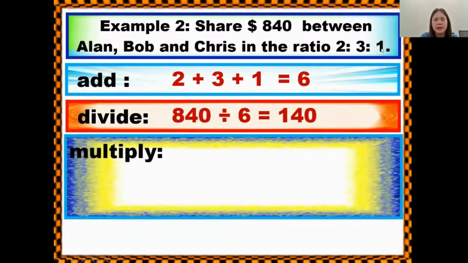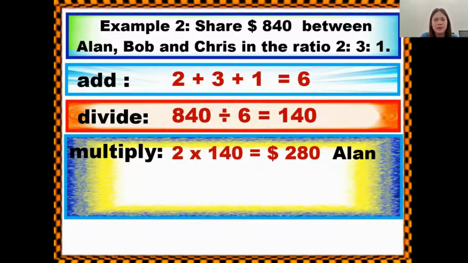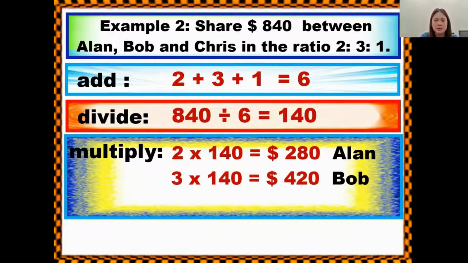So I have 2 times 140. That means Alan will receive $280. And Bob, since Bob has 3 parts, we will multiply 3 times 140, which gives you an answer of $420.